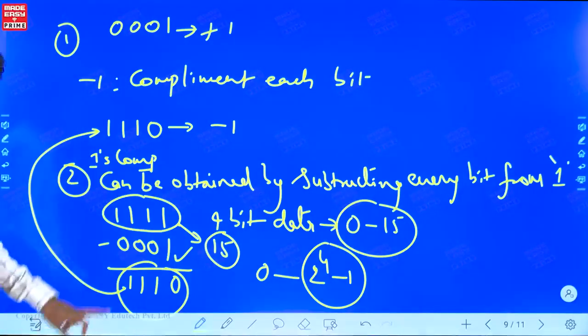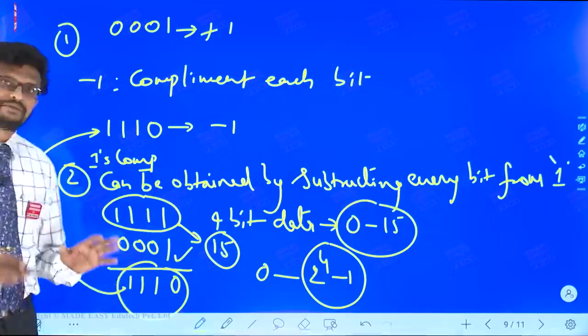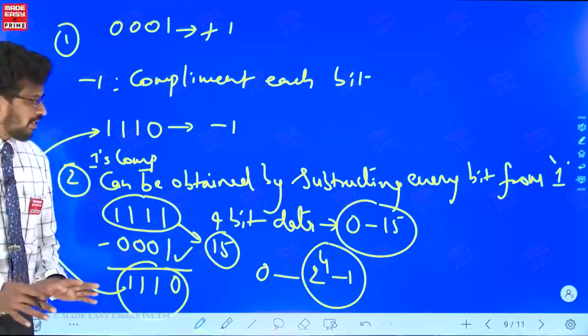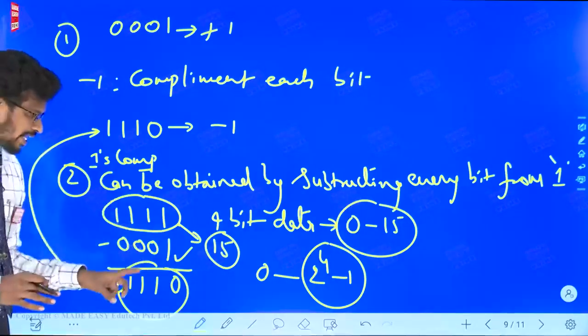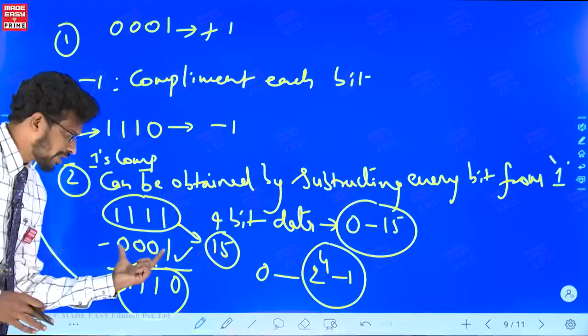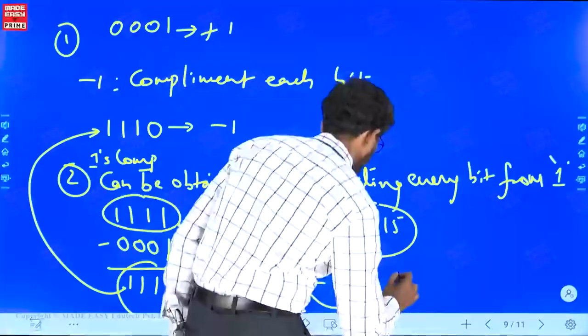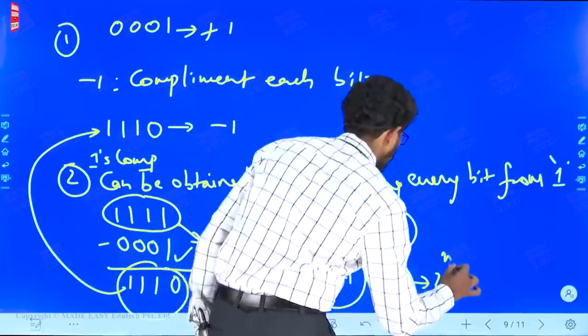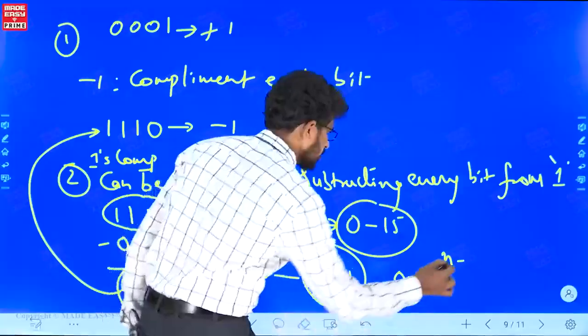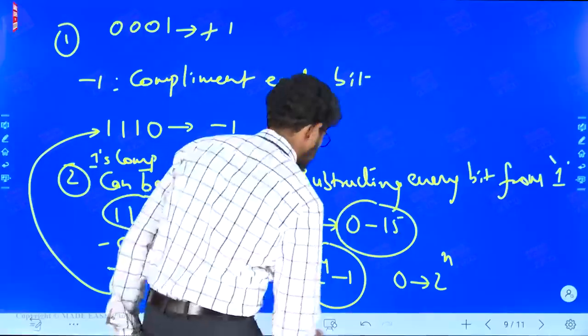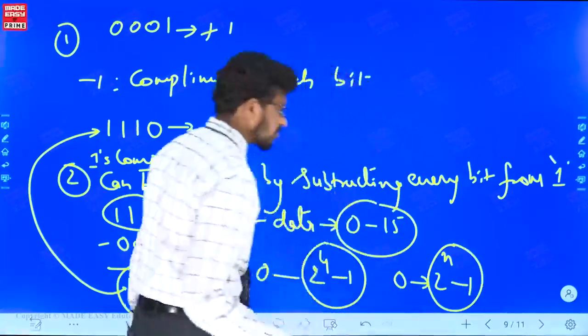It means to get the negative value in the 1's complement technique, it is very easy: subtract the corresponding number from 2 power n minus 1.